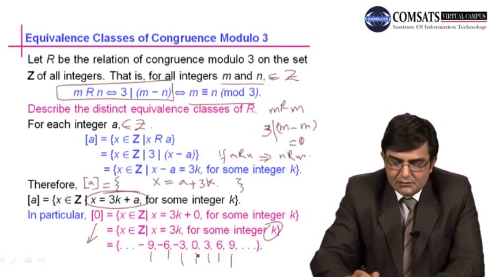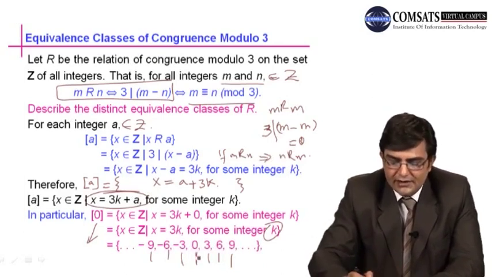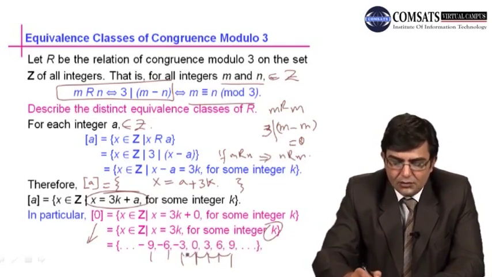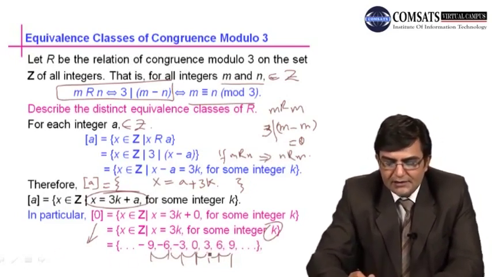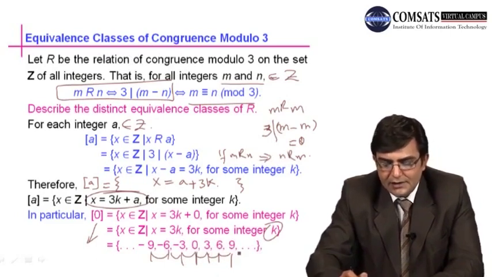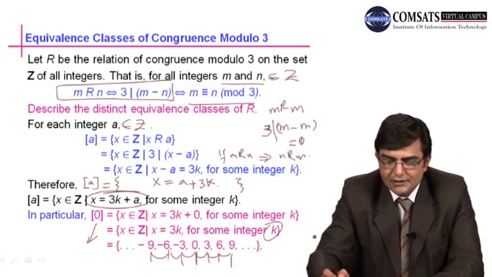In short, we write the integer for which we have to calculate the equivalence class in the center, and then we add 3 on the right hand side and we subtract 3 on the left hand side in each successive term. So here we have 0, plus 3, plus 3, plus 3. 0 plus 3 is 3, 3 plus 3 is 6, 6 plus 3 is 9, and so on.